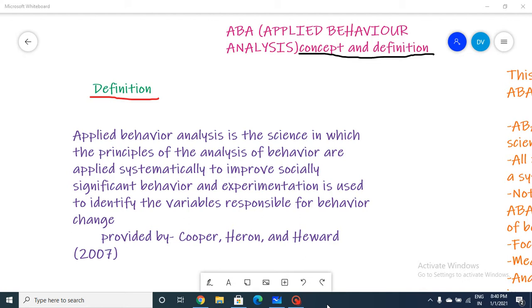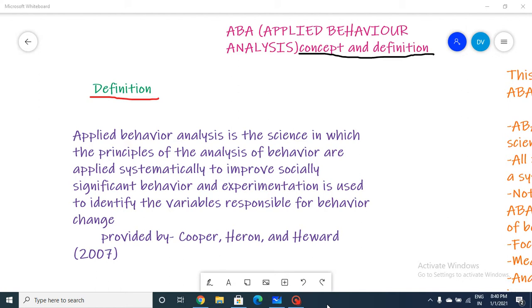So, what is the definition of ABA? Applied behavior analysis is the science in which the principles of the analysis of behavior are applied systematically to improve socially significant behavior, and experimentation is used to identify the variables responsible for behavior change.